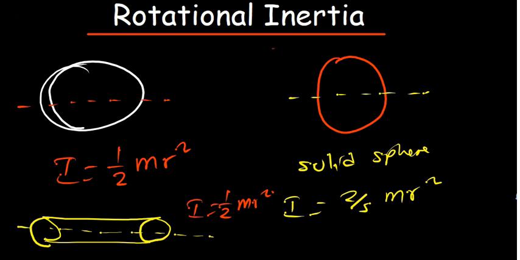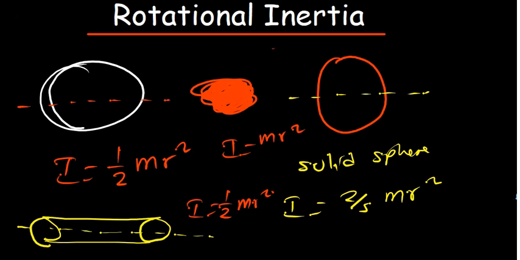If they ask you about the inertia of a point mass, where the mass is just concentrated on one part like this, then the inertia in that case is mr squared. That's why I said the inertia of the person is mr squared, since the mass is concentrated on one part.